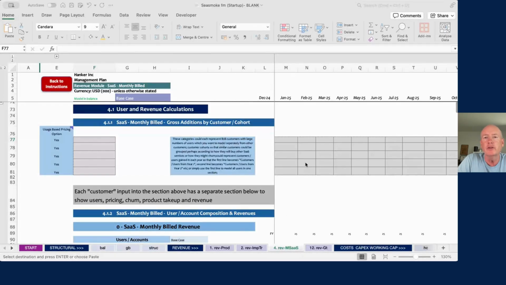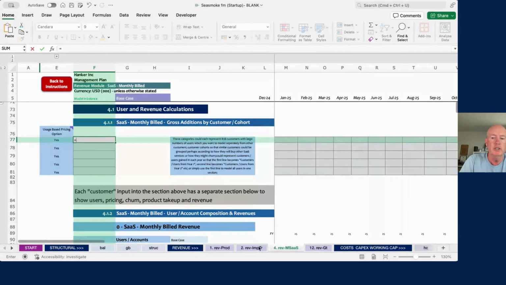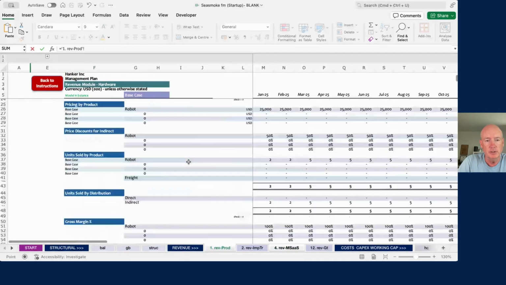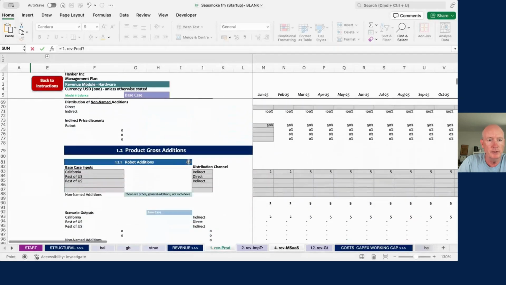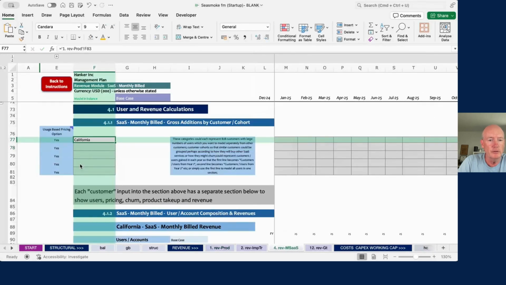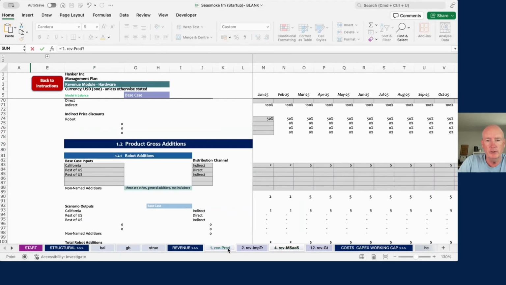Bear in mind, in this example, every robot has a SaaS subscription. So therefore, when we look at the gross additions, we may as well link them to the number of additions we've made. So if we just go up here, I may as well just use what we've done here already, and we can also do rest of US.